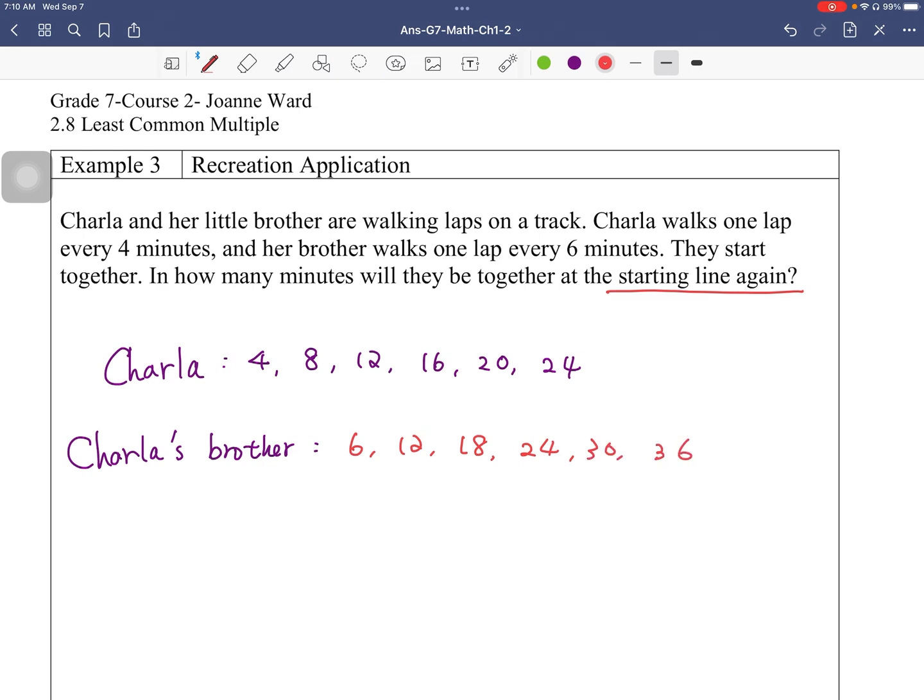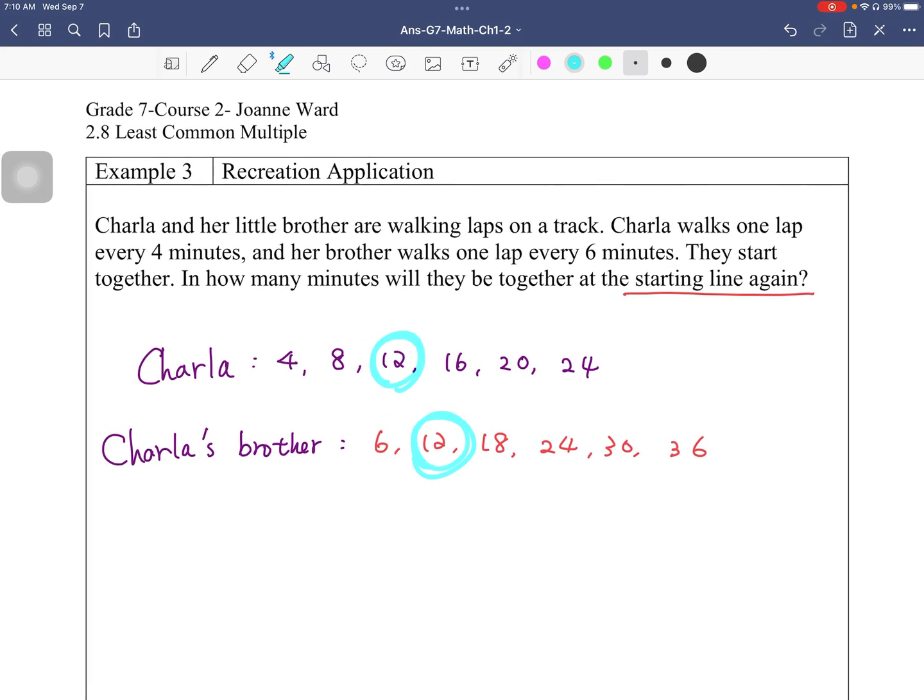I can see the least common multiple is 12 minutes, because after 12 minutes they both finish a whole number of laps. So the answer is 12.